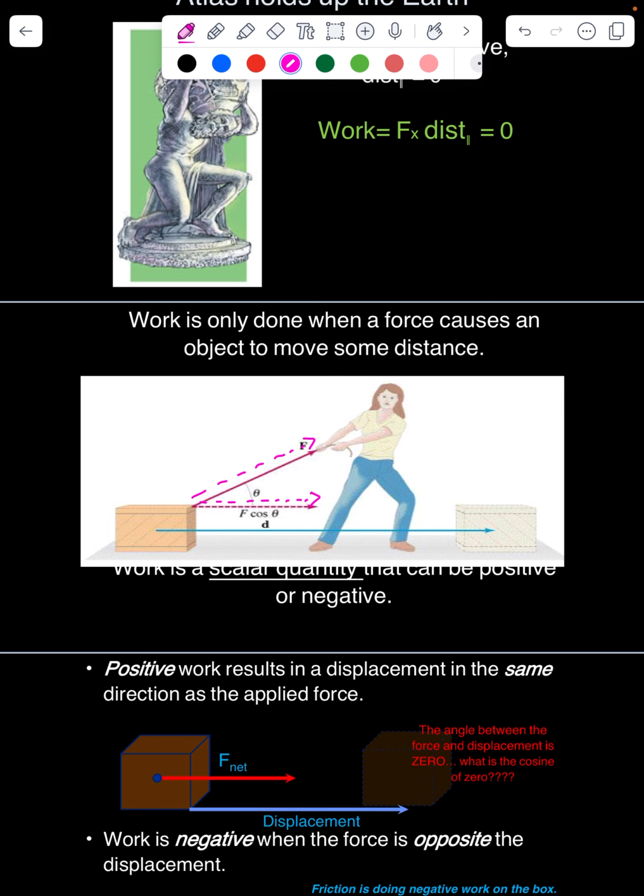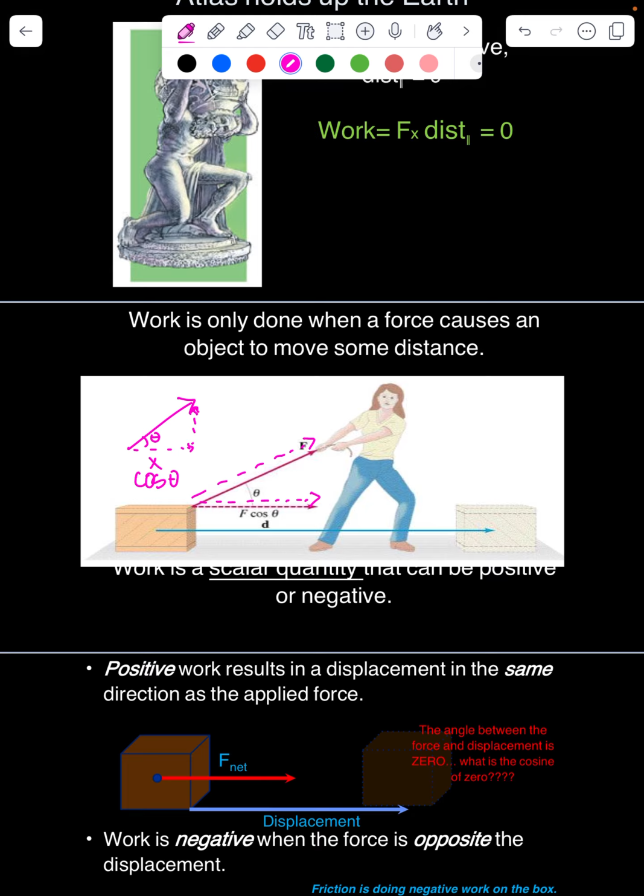So remember, whenever we were given our hypotenuse and our angle, we were able to use sine and cosine to find both the horizontal and the vertical components. Well, in this case, the component that we need is the horizontal component. So we would use the cosine of theta in order to solve for that.